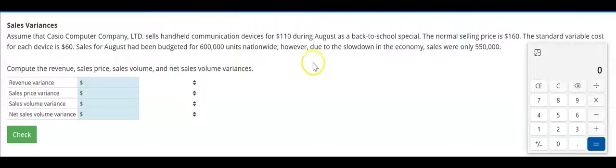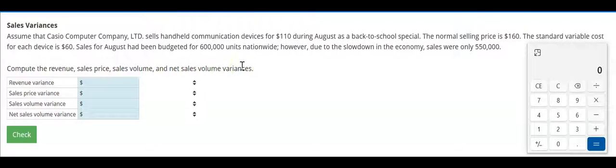However, due to the slowdown in the economy, sales were only 550,000. Notice we have the term budgeted, and then it says sales were, which is past tense, so we're talking about some actual numbers as well. We're going to compute the revenue, sales price, sales volume, and net sales volume variances.